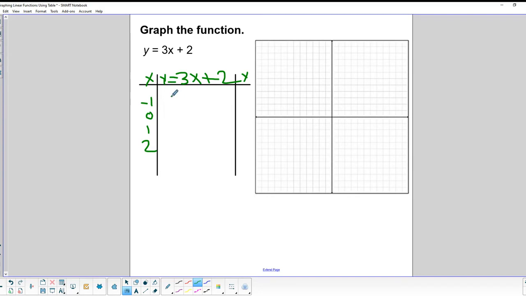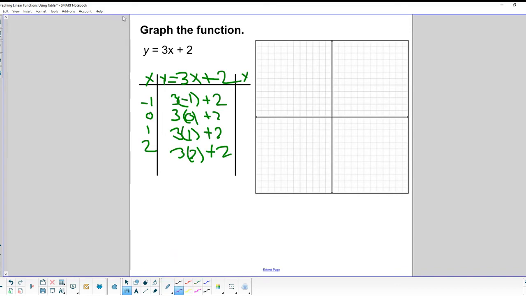So we're going to have 3 times -1 plus 2. 3 times 0 plus 2. 3 times 1 plus 2. And 3 times 2 plus 2.